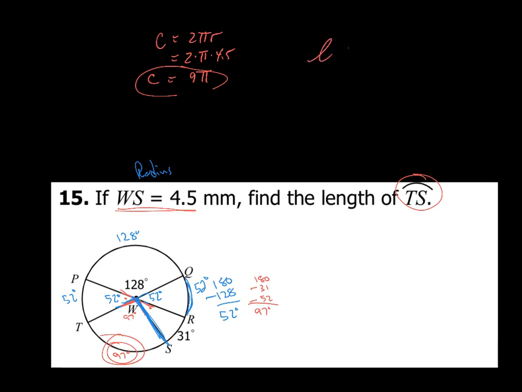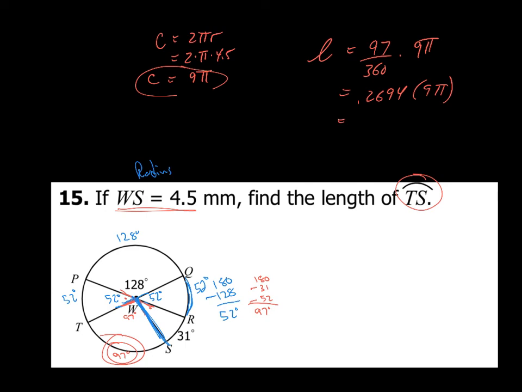So the length of the arc TS, right, is going to be the proportion of the circle it occupies, so 97 out of 360 times my 9 pi. And the rest is just doing the calculation. So I get 97 divided by 360. I get 0.2694 repeating times 9 pi.